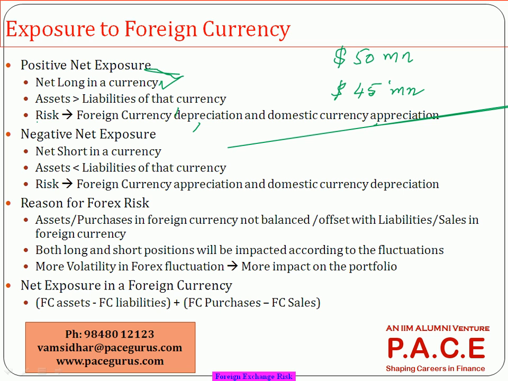Probably for a typical Indian company, raw materials it is importing, whereas sales it is doing locally. It is importing the raw material from abroad, assembling the product in India, and it is selling in India. It is exposed so much to foreign exchange risk, right?